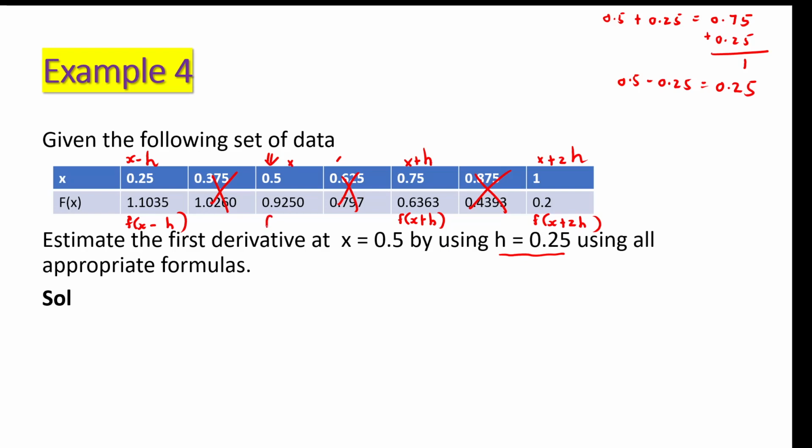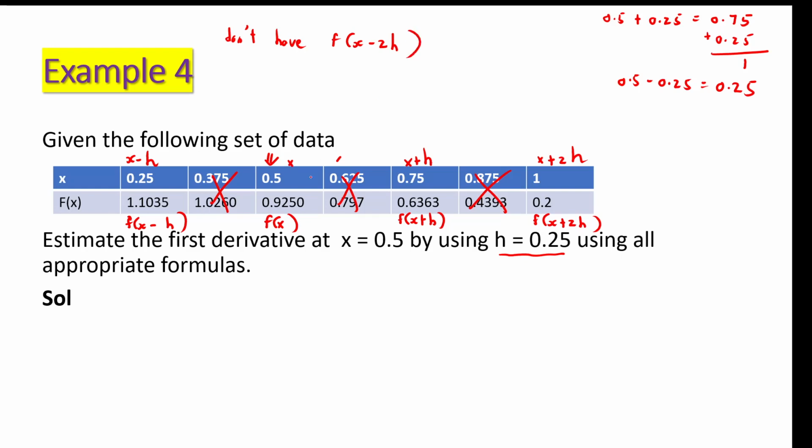In this example, you have the points f(x), f(x+h), f(x+2h), f(x-h). You don't have f(x-2h).